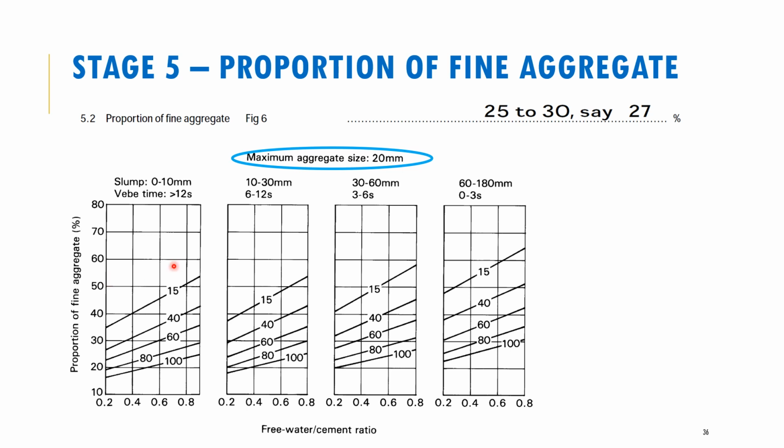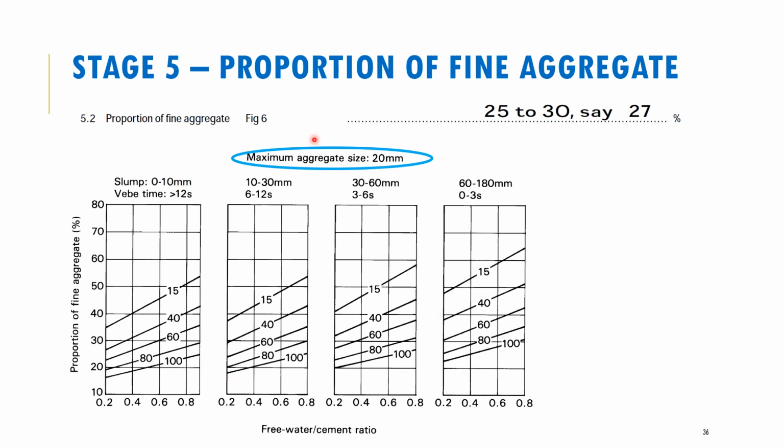Step 2 in stage 5, I need to use figure 6 to proportion the fine aggregate. When you look at your BRE guidelines, you'll notice that there are several figure 6 diagrams, and each diagram corresponds to a particular maximum aggregate size. In our case, it's 20 mil as specified by the client, and hence why I extracted the relevant charts for that particular maximum aggregate size.